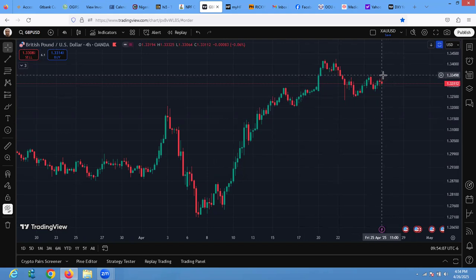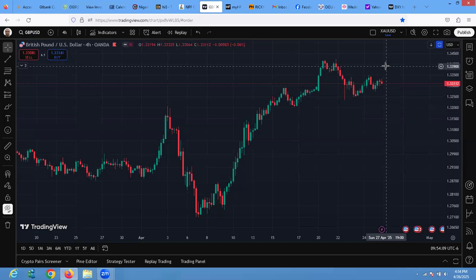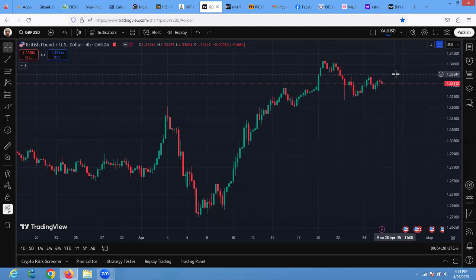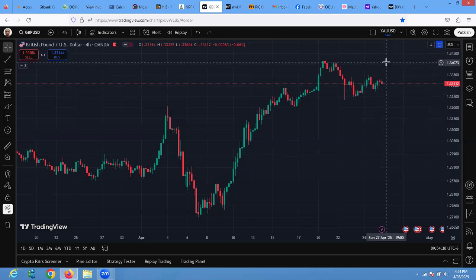But whatever it is, either we break up from here or we break this top, what we should expect is a sell. So if you are taking a sell from around this area, you have to make your tight stop loss in case the price wants to go up and grab liquidity above here before they go down one more time. So it's either from the top here or from around this top, or price may just continue to pull towards the downside.